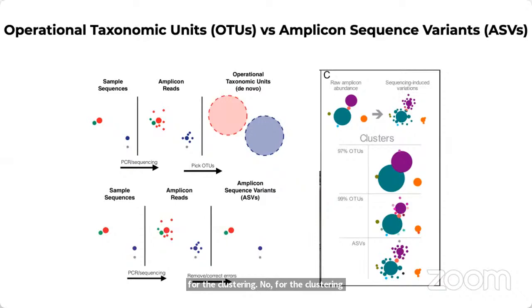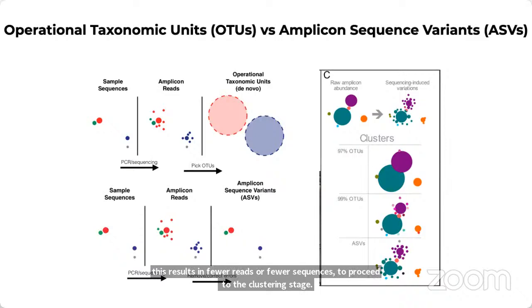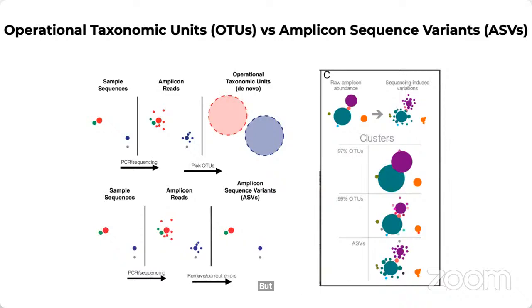This results in fewer reads or sequences proceeding to the clustering stage, but it results in consistent clusters or sequences that can be related at a specific identity level, which is also performed at 97%.